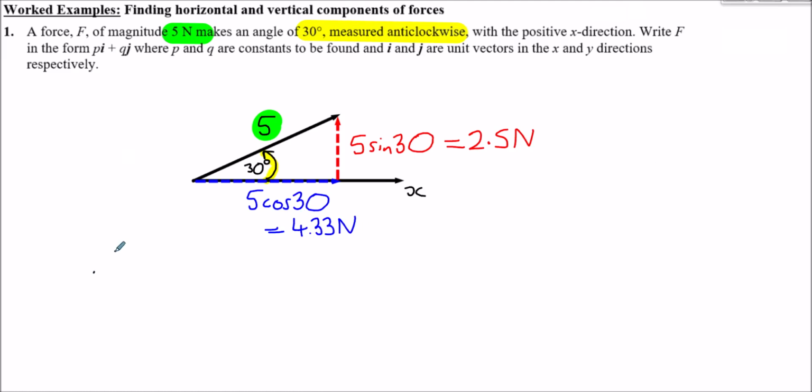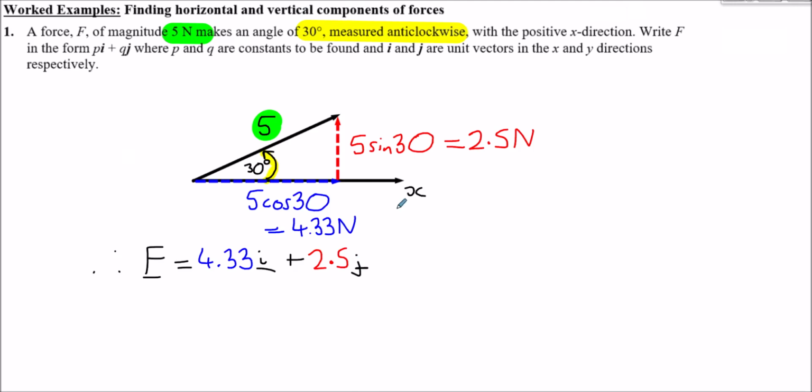So therefore, in pi plus qj form, in unit vector form, F is, sorry, talking absolute garbage. Going along is the i component, so this is 4.33i. My sincere apologies. Plus 2.5j, which is acting in the positive j direction.